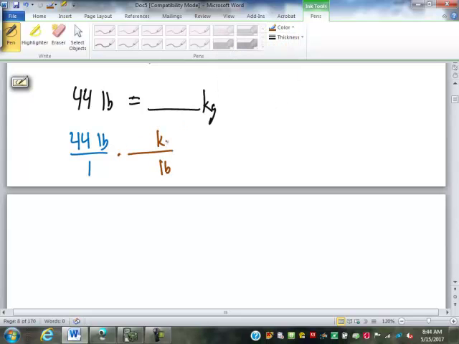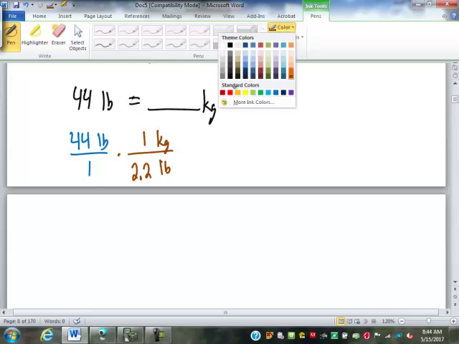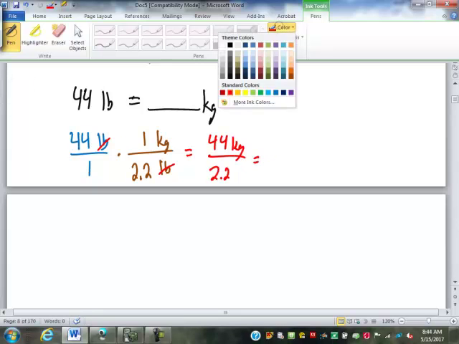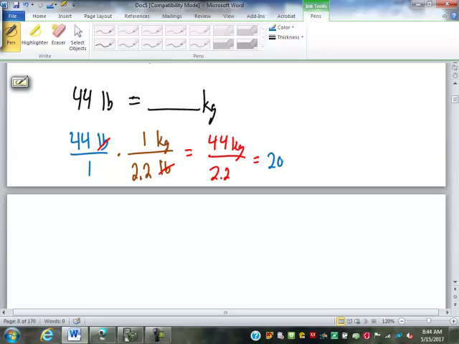Pounds on bottom, kilograms on top. 1 kilogram is 2.2 pounds. So the pounds cancel out. You got 44 kilograms on top. 44 times 1 kilogram gives us 44 kilograms. On bottom, 1 times 2.2 is 2.2. Gives us 20 kilograms.